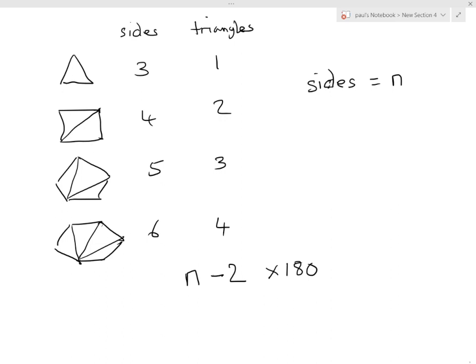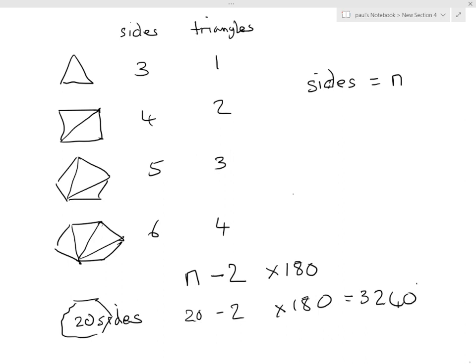So if we have a shape with, I don't know, 20 sides, we're going to do 20 minus 2, which is 18, times 180. I'm going to use a calculator for this one. 18 times 180 is 3240. So that is the sum of the angles in a 20-sided shape. So it doesn't matter how many.